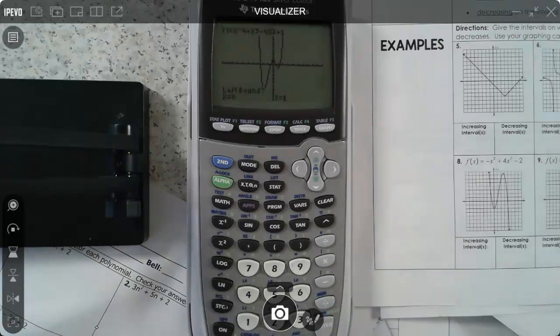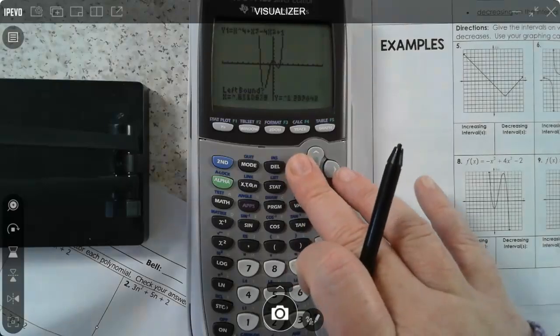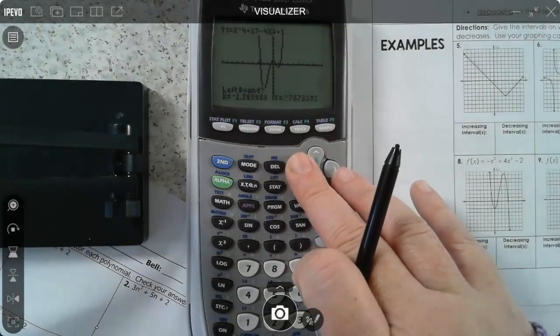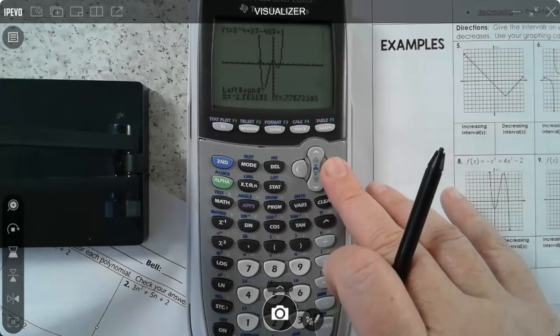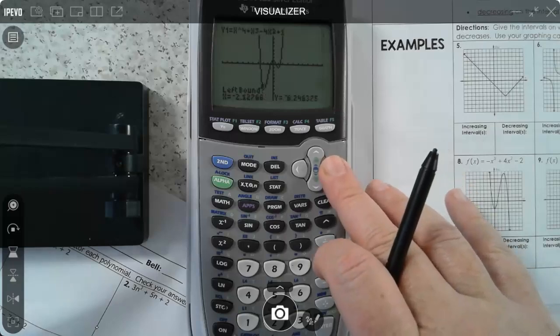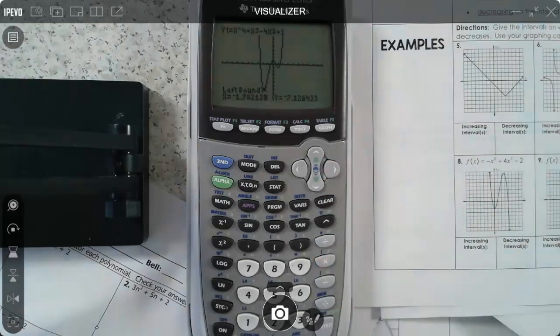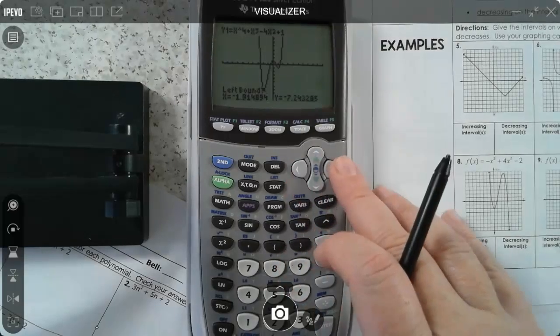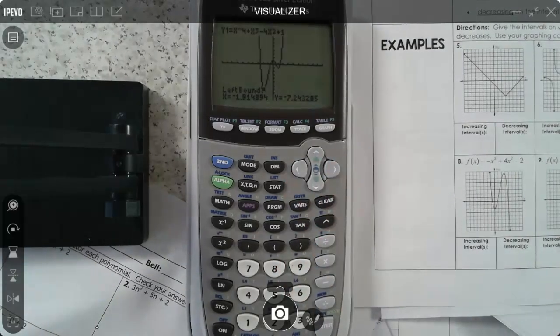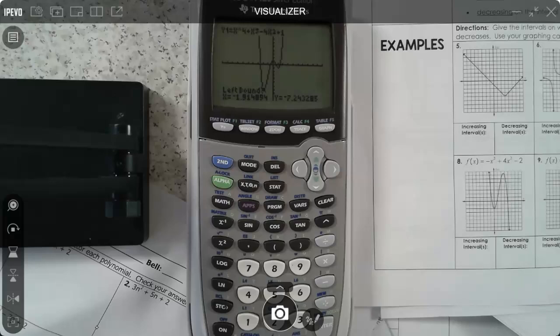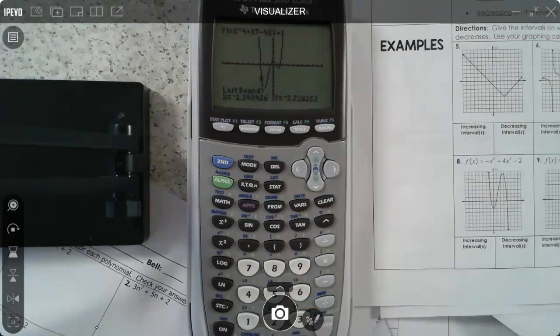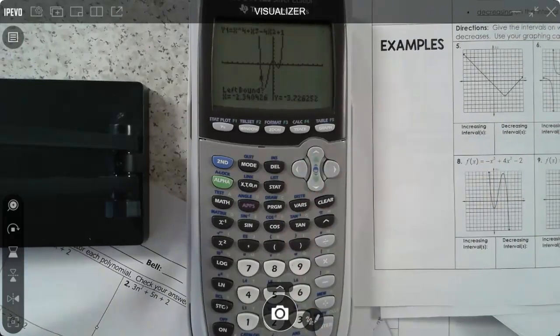All right, again with the left bound, right bound stuff, right? But it's a little bit easier to see, in my opinion, when you're talking about a max or min. So I'm going to go down, and that's about where my minimum is, but I need to be to the left of it. So I need to make sure I click left until I'm clear of it, and I hit enter.